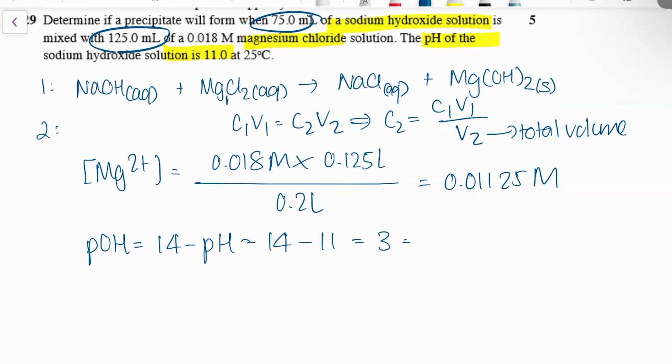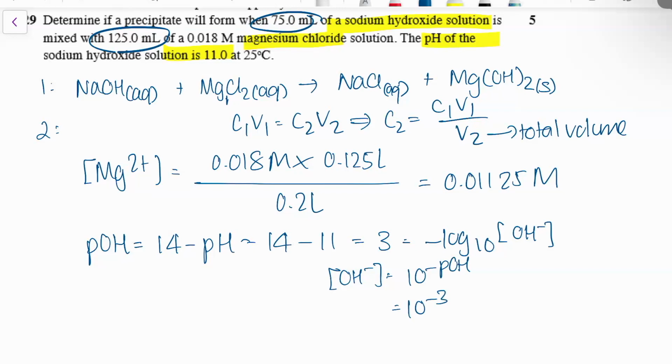Negative log base 10 of the concentration of OH minus. Yes, good. And if I rearrange this, what would OH minus be? 10 to the minus pOH. Yes, and pOH is 3, so OH minus is 10 to the minus 3.